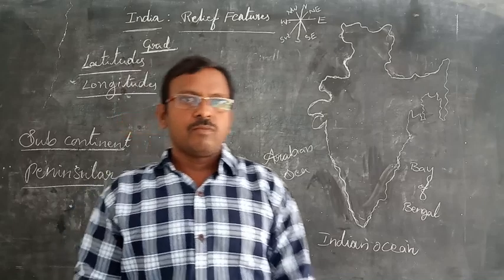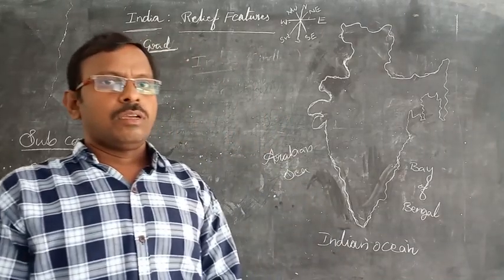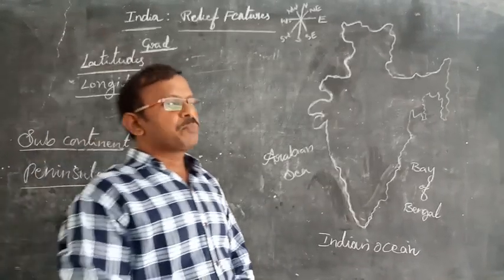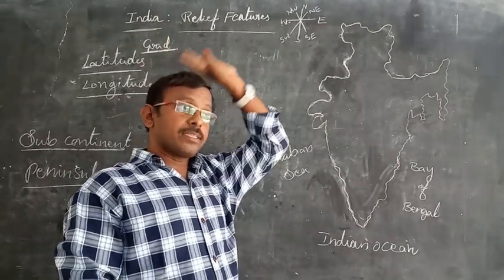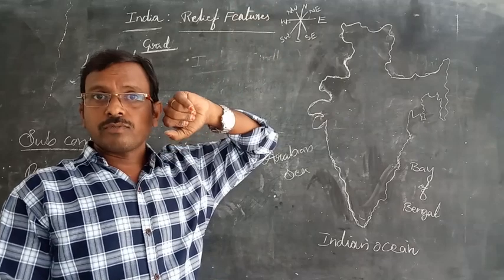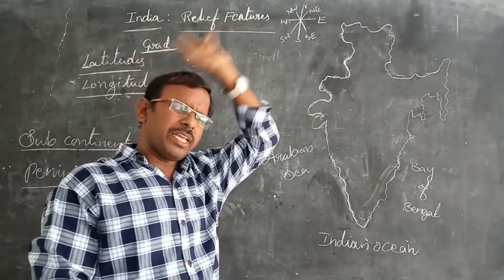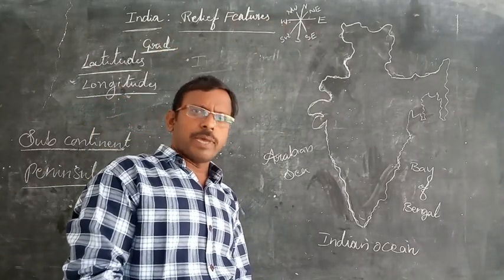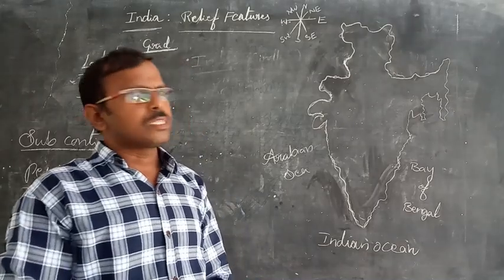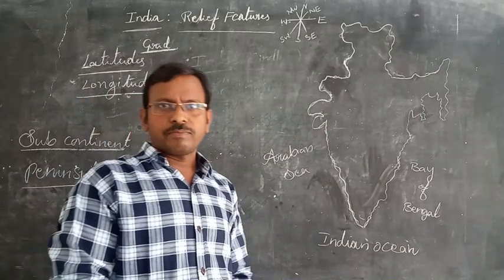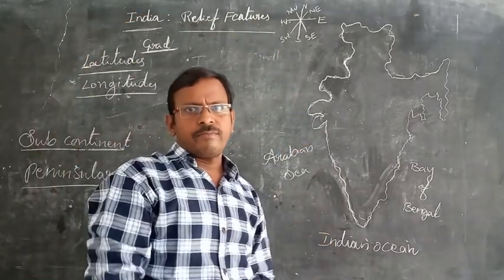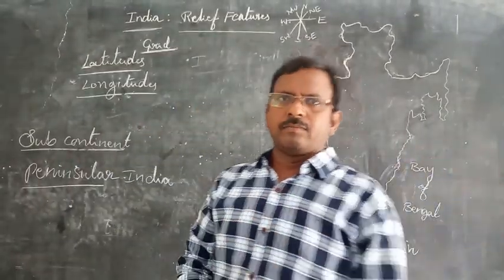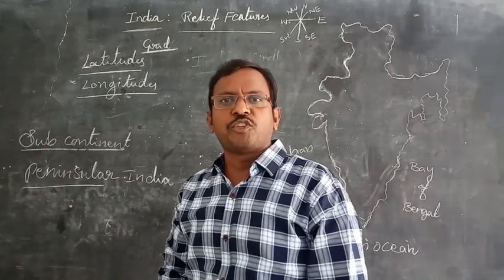In the 20th century, one geologist explained to us that the earth was formed very long years back. When the earth was formed, there was totally one land, only one land, called Pangaea.